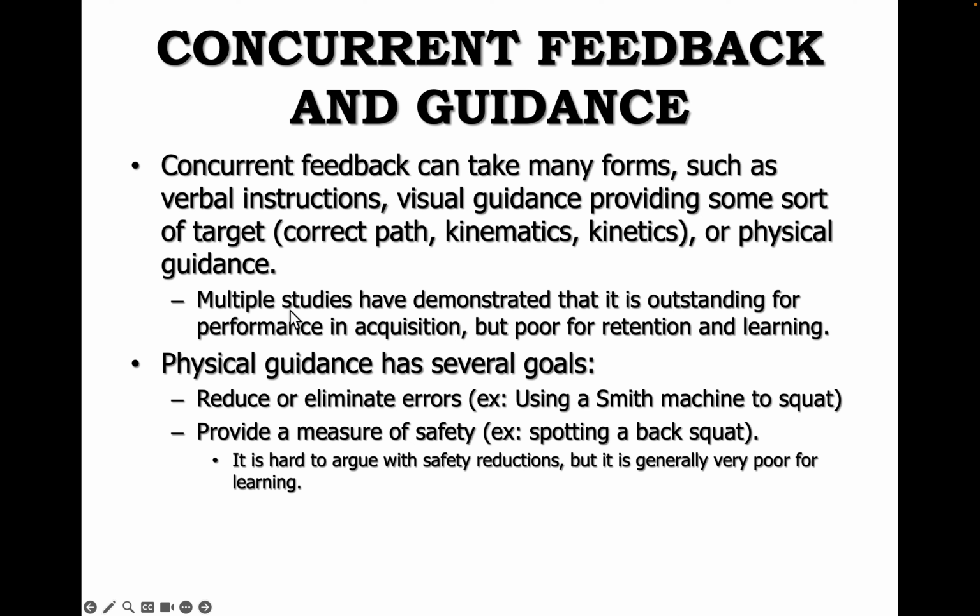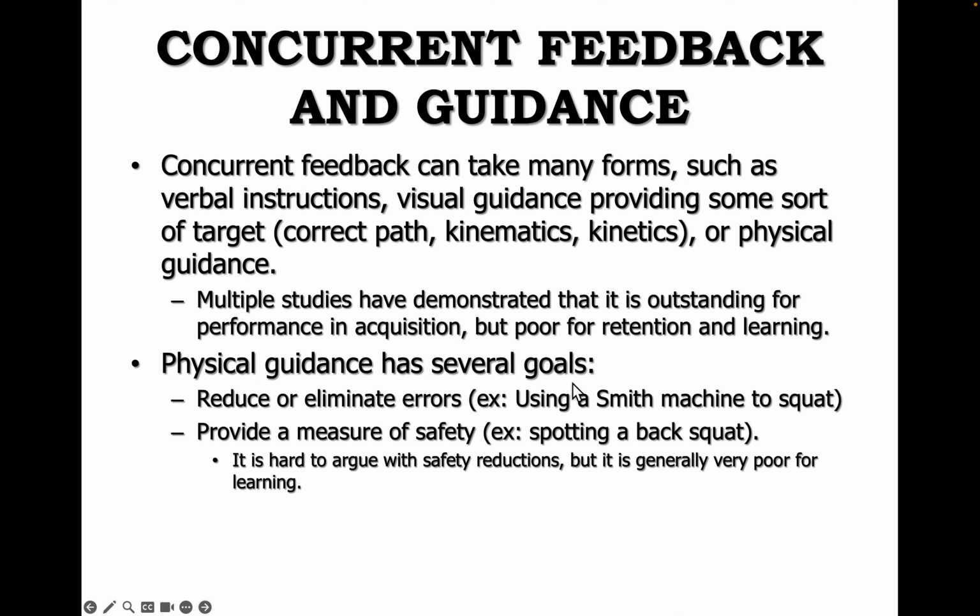Multiple studies have demonstrated that concurrent feedback and guidance feedback is great for acquiring the skill, meaning when we're first learning the movement during the initial session, but is very poor for retention and for learning, meaning concurrent feedback and guidance are not good for learning in the long run.